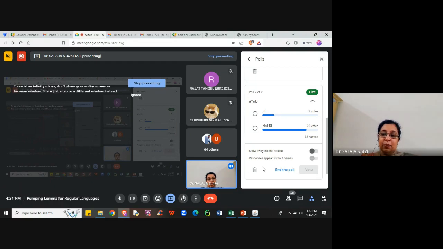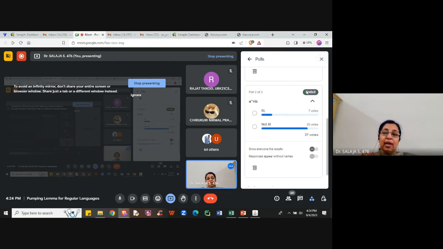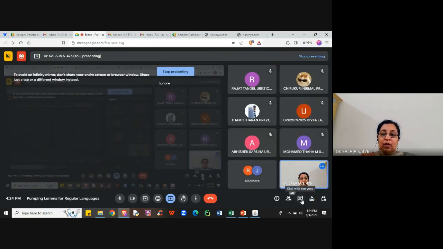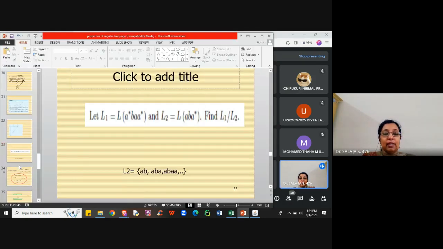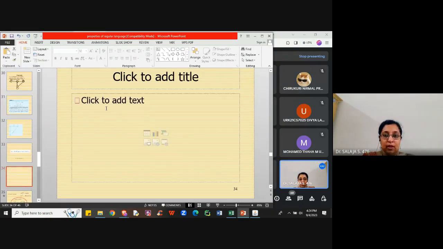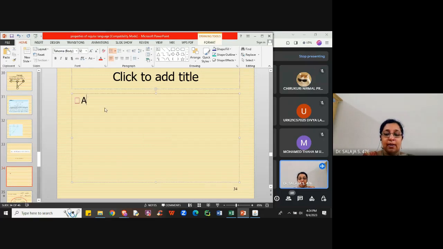Okay, I'll end the poll. Many of you have said it is not regular, but I'll say it is a regular language. Now, why is it regular? For A^n B^n, we will not be able to write a regular expression. But for A^n B, we'll be able to write a regular expression.